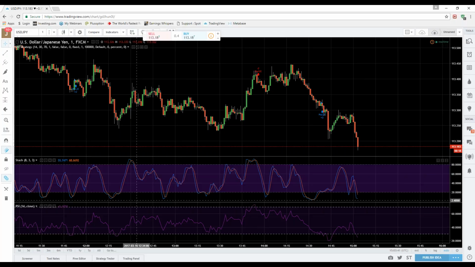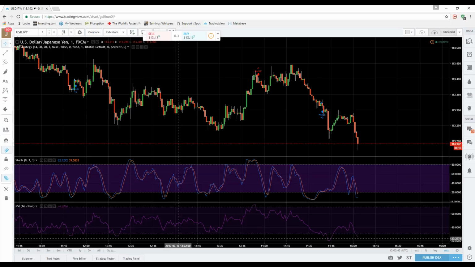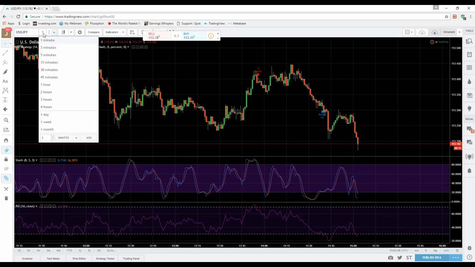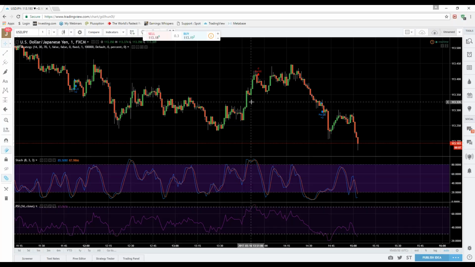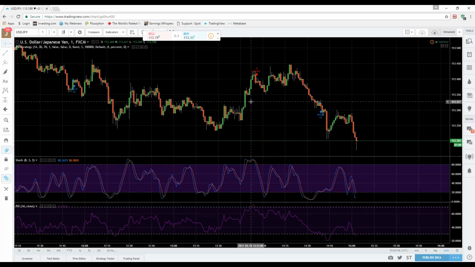We can adjust our time scale over here. Right now I'm on a 1 minute chart, which means each of my candles represents 1 minute in time. That's the type of chart we are going to use for our 60-second strategy today.